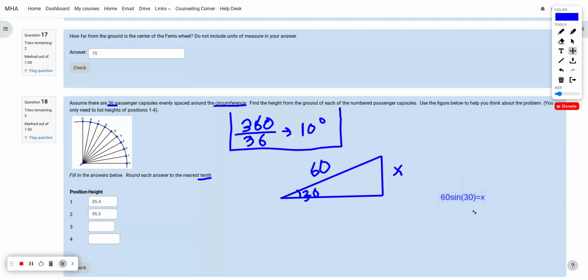I'm going to make that a little bigger. So 60 sine of 30 is actually 30, believe it or not, which is really fun. It's an easy number. So 30 plus 75 is 105.